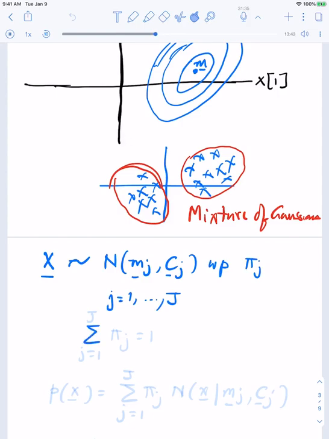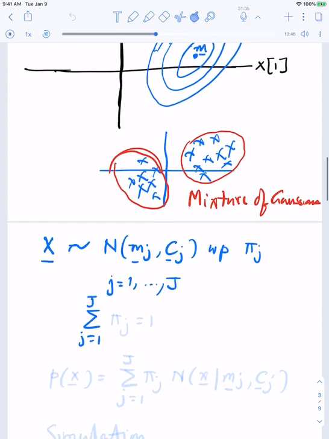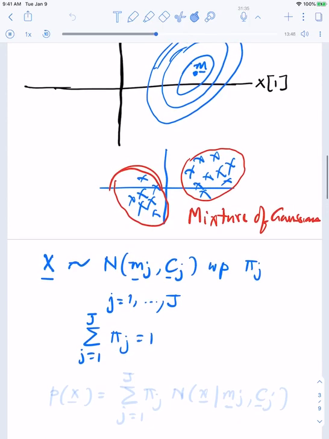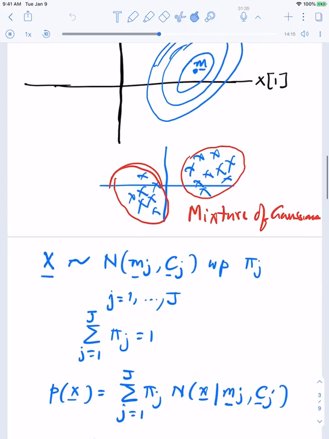And of course, these pi sub j's have to sum to 1. So that is the basic mixture Gaussian distribution. And of course, the density will look like an average of these densities. So p of x in this case will be summation j equals 1 to J of pi sub j times the Gaussian density with mean m sub j and covariance C sub j. So that's the mixture Gaussian density.